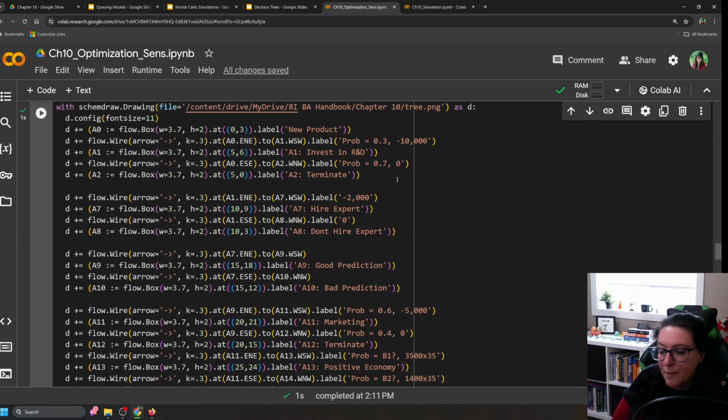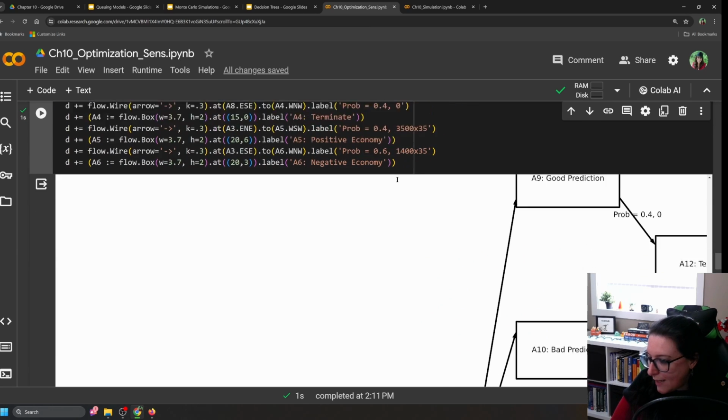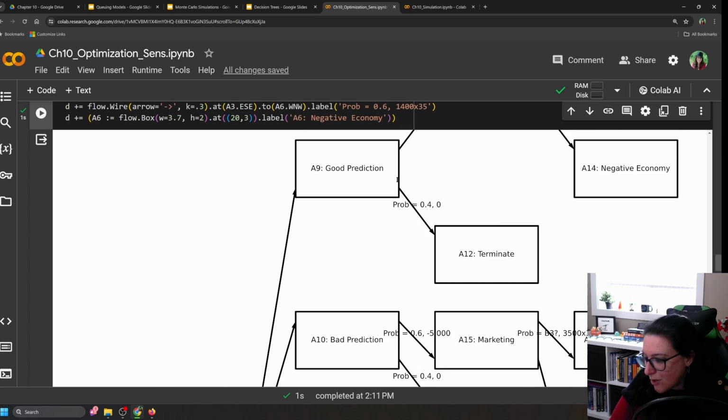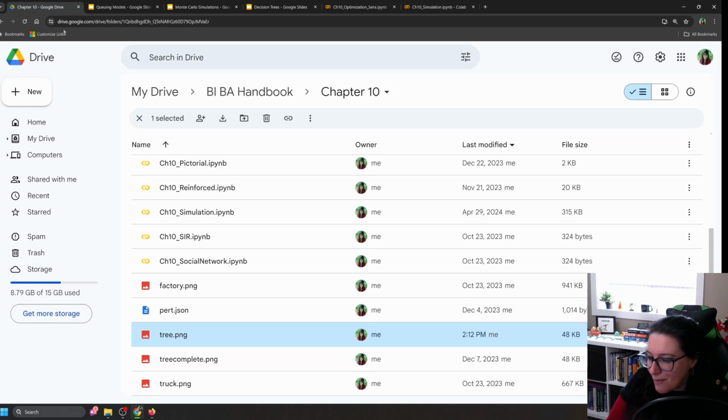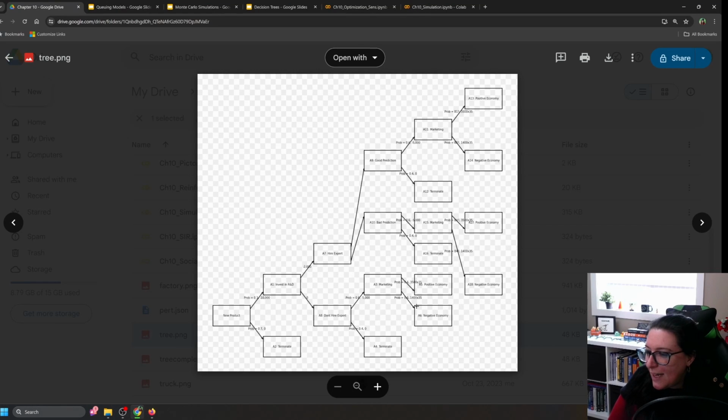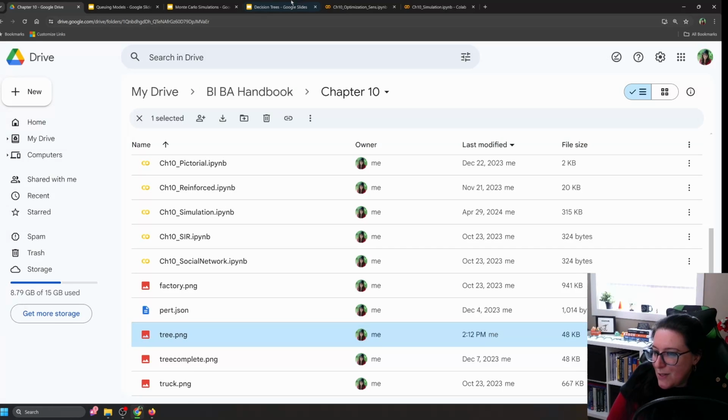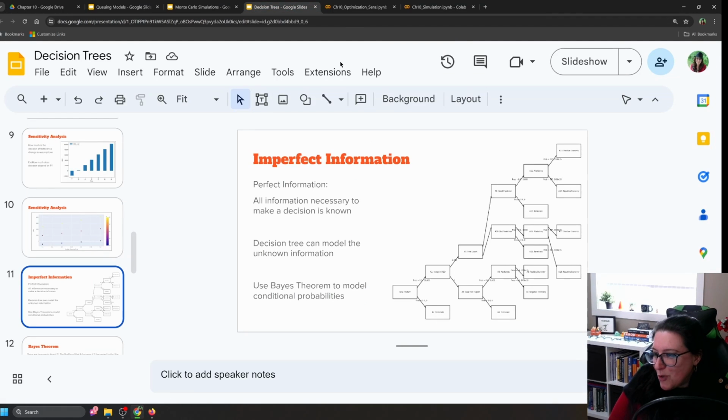So then when I go to look at it here, see how it's just so huge, it's hard to see. If I just want to be able to zoom out, I have that image in my Google Drive. So I can go in here where it says tree, and you can see the whole thing. And I can then paste it into something else. So you can actually export it is what I'm trying to show you here.